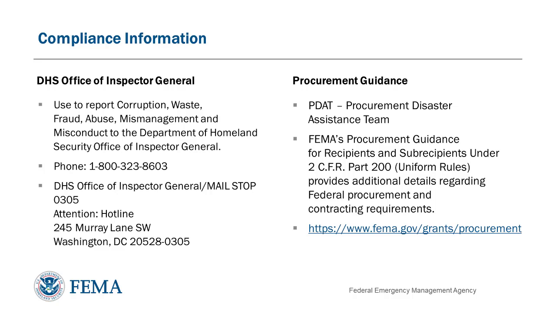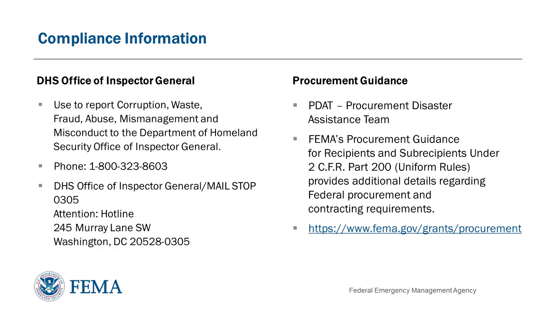I do have a few slides that we're going to finish with here. Our first one being the DHS Office of Inspector General hotline. We hope that nobody has to use this, but in case you do, this is to report corruption, waste, fraud, abuse, mismanagement, and misconduct to the Department of Homeland Security Office of Inspector General.